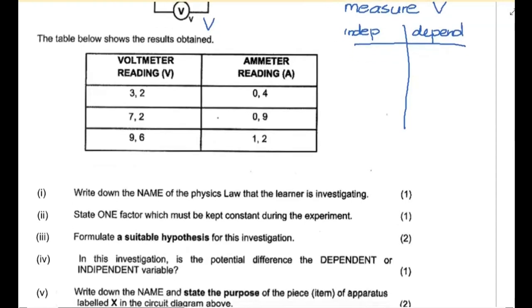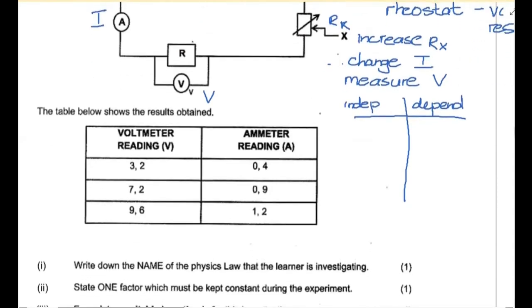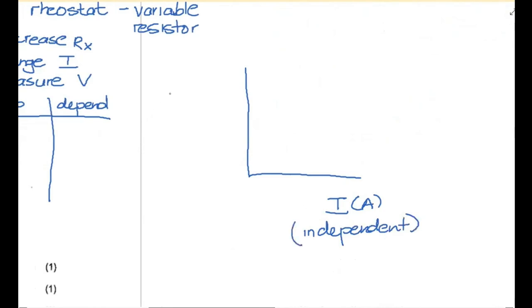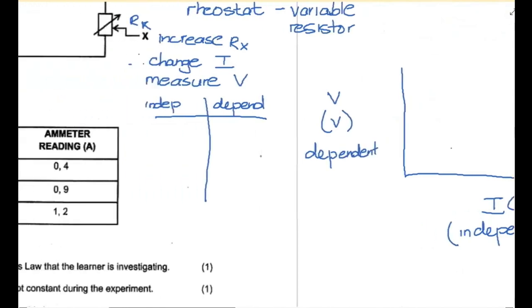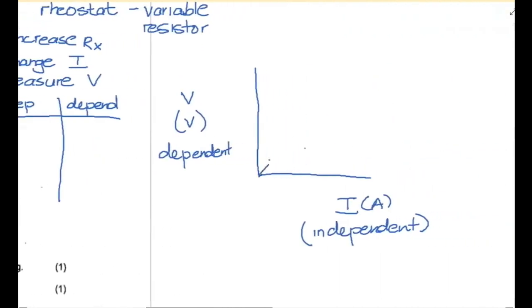So here, if I was going to plot a graph from this, it would work out like I wanted to. I am changing my current. And remember, your independent is always on the X. Sorry, and you're measuring, so this is where your dependent goes, which means that if you plotted these points, hopefully if it is following the rule, you would end up with a straight line through the origin.